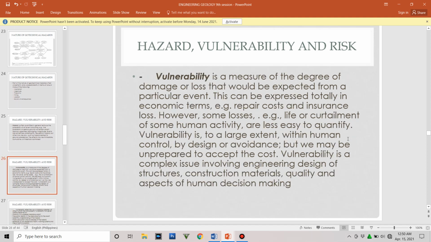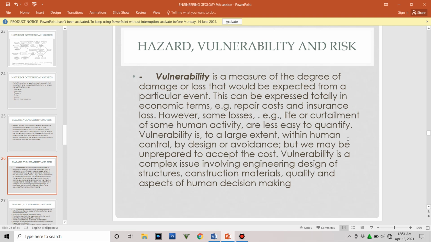So we go now to vulnerability. It is a measure of the degree of damage or loss that would be expected from a particular event. So this can be expressed totally in economic terms, like repair costs, insurance loss. However, some losses like life or curtailment of some human activity are less easy to quantify.